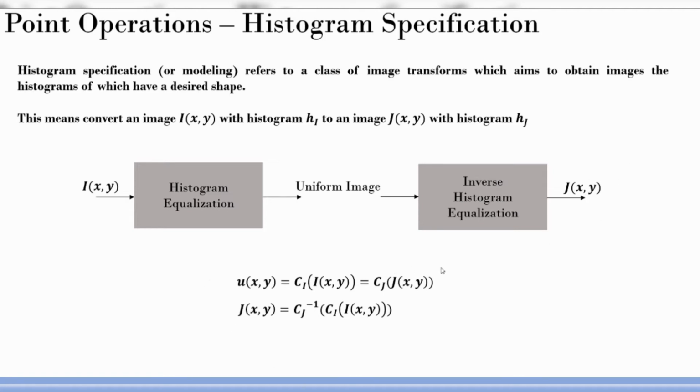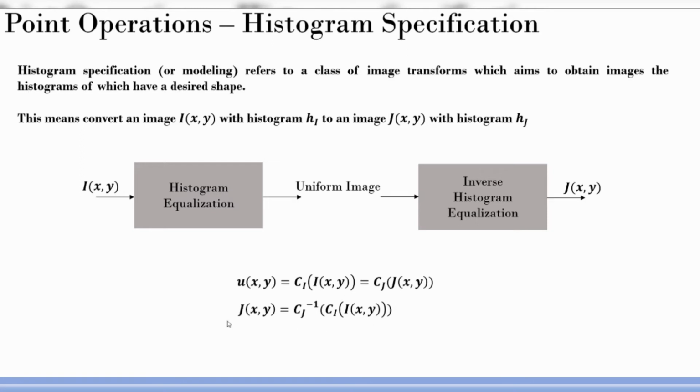Okay, so forget about all this. What essentially I am trying to do is this. I am going to match the cumulative distribution functions between two different images. So I have a J of xy which is the good image, I of xy which is a bad image. If I do histogram equalization on both sides, I can try to equate between them, and then I will modify this C_I so that I of xy will start to look like J of xy.